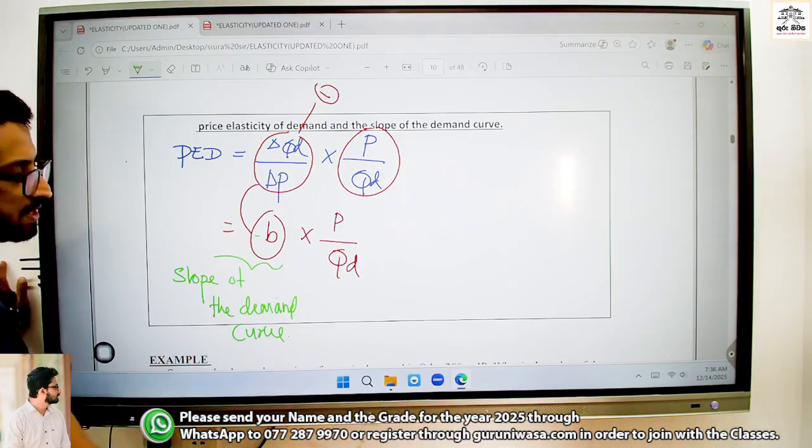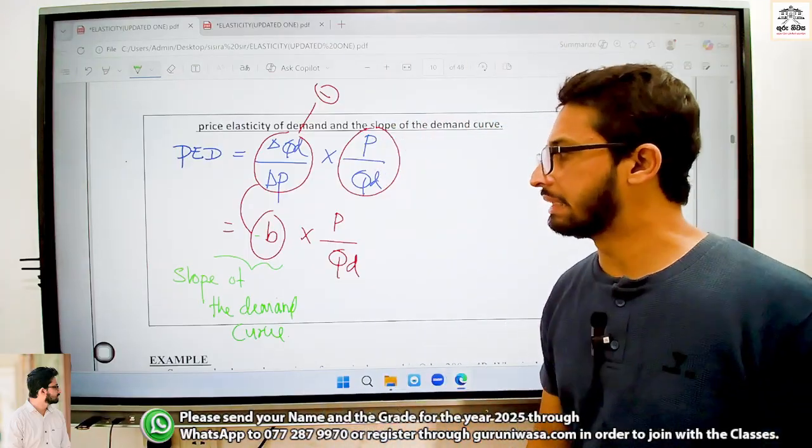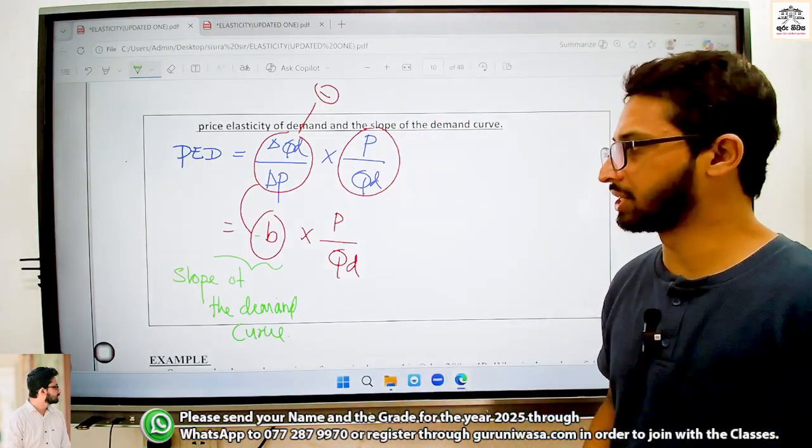Normally this value is negative, because of the negative relationship, the slope of the demand curve is negative.